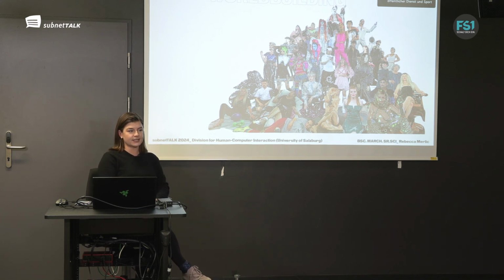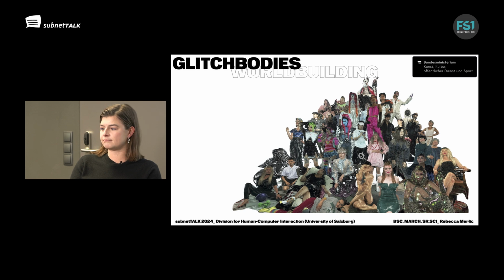It's a project to find ways of digital representation for non-heteronormative, let's say, ideologies, or also to create a safer political space for digital representation of marginalized persons. And for me, it was very important to find a way to co-produce or co-create these worlds.